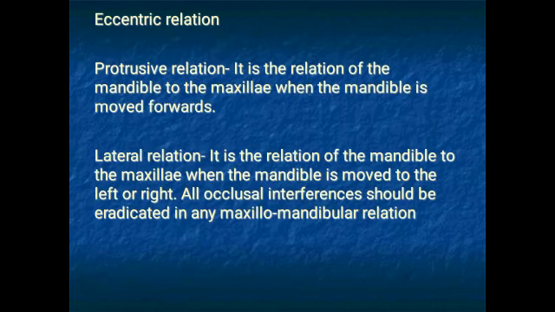Eccentric relations like protrusive relation and lateral relation. Protrusive is the relation of the mandible and maxilla when the mandible is moved forward. In lateral relation, it is the relation of the mandible to the maxilla when the mandible moves to the right and left. All occlusal surfaces should be in contact in any mandibular maxillary relation.